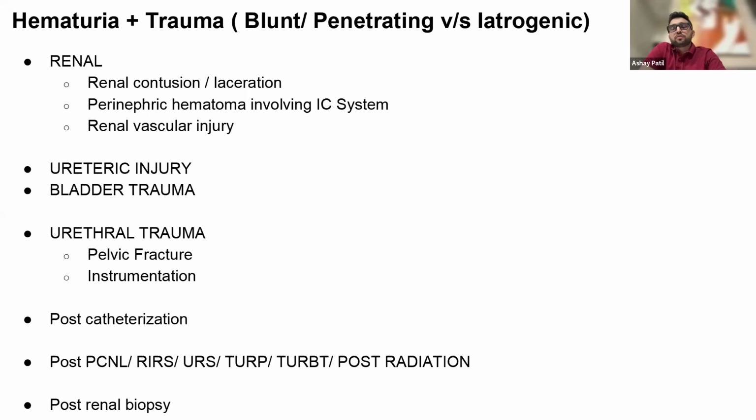Correct, decompression. But if hardly 5 to 10 cc of urine has come, and after that there is severe bleeding, that means what? False passage, or balloon inflation in the urethra. Balloon inflation in the urethra, false passage, sir. So now what will you do? How will you manage? If the patient is stable, then I will take the patient to the OT and, under cystoscopic guidance, put the catheter, sir.